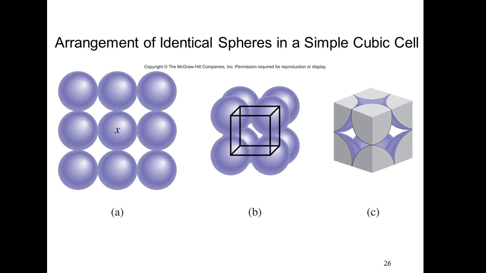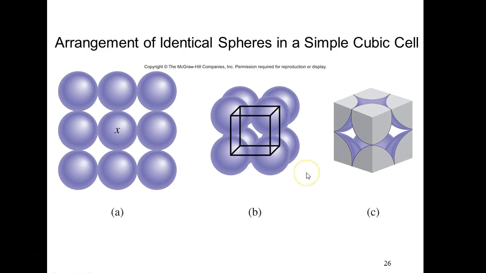The arrangement depicted in figure A is, if you took a sphere and put it in its long-range order, it would be in contact with 6 other spheres. In a simple cubic cell, the coordination number would be 6, because it has 6 immediate neighbors.